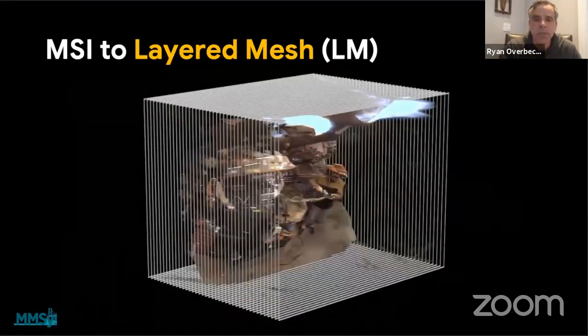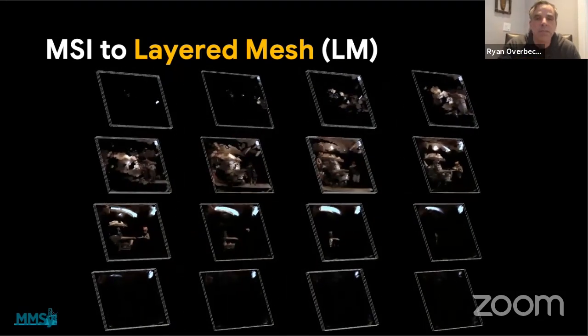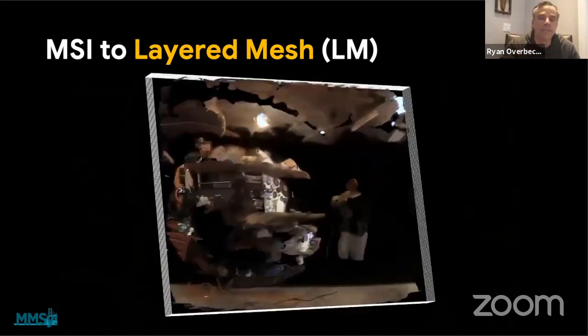So to compress, the first thing we do is squash down to many fewer layers. To do this, we first break apart the 160 MSI images into 16 groups of 10 images. So here's one group of 10 images here.